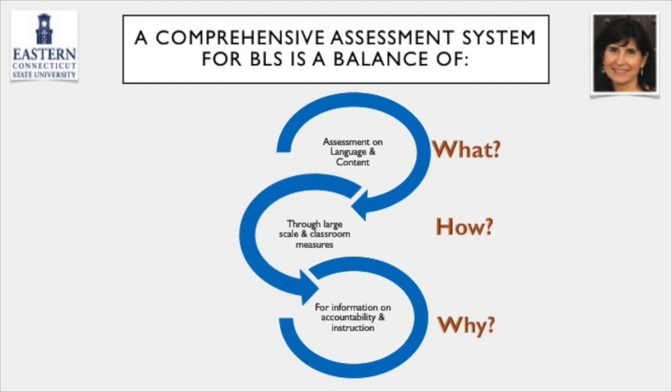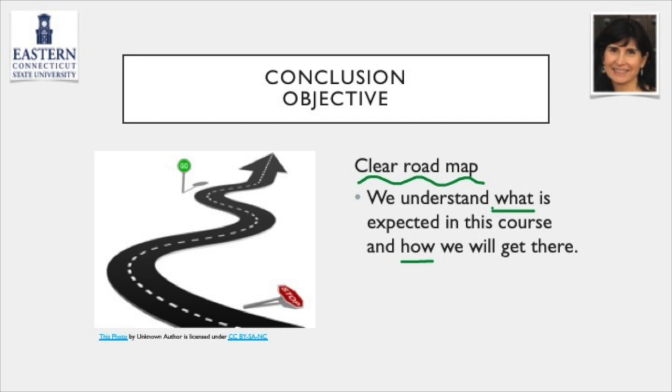In other words, the what is language and content, the how is through large-scale and classroom measures, and the why is information for both accountability and better instruction. With this, we reach our conclusion. We see that our general objective was to have a clear roadmap. So hopefully now we understand what is expected in this course and how we will get there.